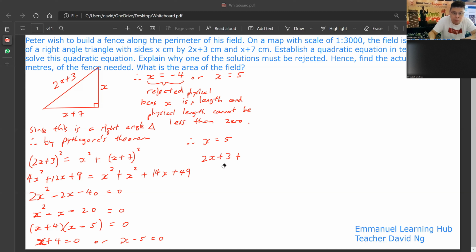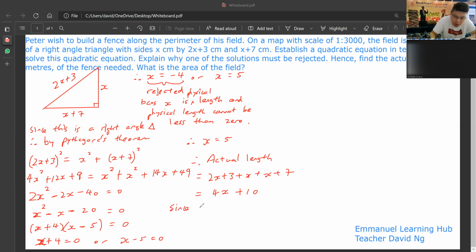A better way would be: actual length would be 2x plus 3 plus x plus 7. 2x and x is 3x, wait, with the other x it is 4x; 3 plus 7 is 10. So 4x plus 10.